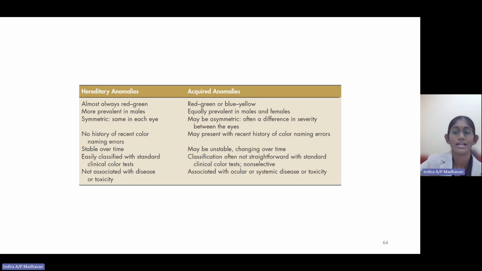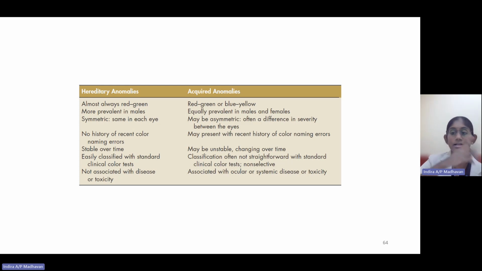If it is equal between the genders, the reason is that anybody can get cataract, anybody can get glaucoma, and anybody can take any drugs that induce this. So there is no partiality in that. When it comes to congenital, it is symmetric, the same in each eye.